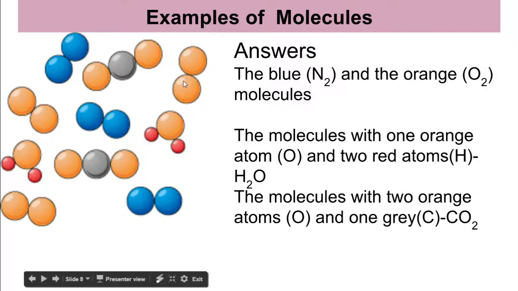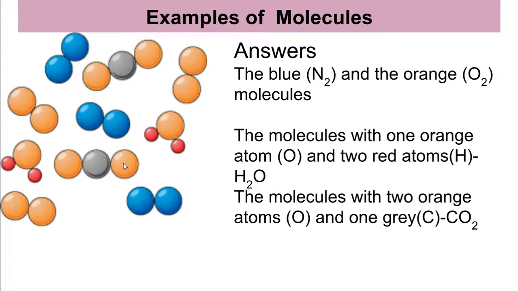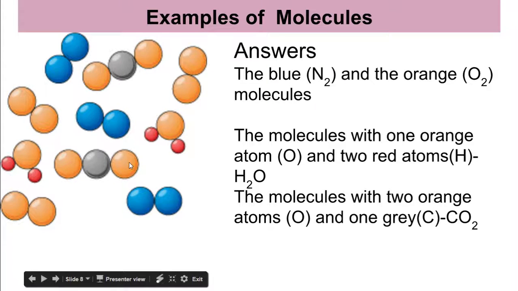How do I know that? Because there's another molecule here which has one oxygen and two others which are smaller. And because I understand the trend in the periodic table, I know that hydrogen is small, and I know this is the water molecule, and this one is carbon dioxide, because they have almost the same size.